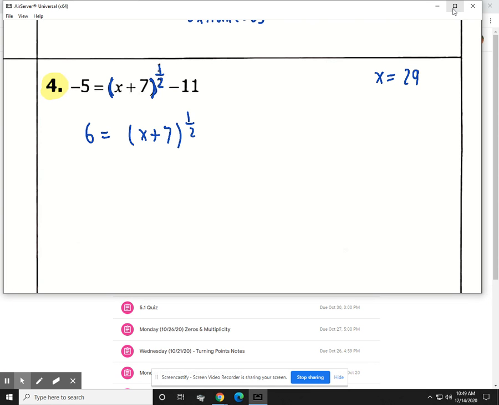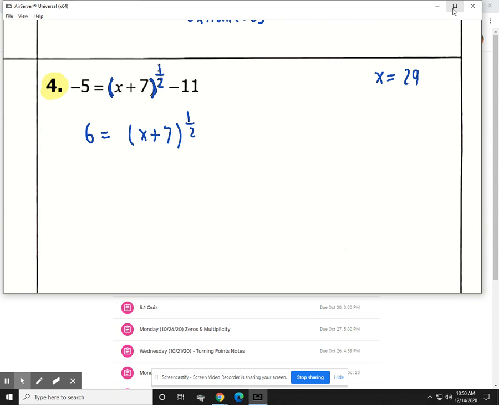Now it's isolated. We have to get rid of that rational exponent, just like we had to get rid of that radical. So here's how rational exponents work. How do I get rid of them? I raise it to the reciprocal power. What does reciprocal mean? It's opposite, so instead of 1/2, it's 2 over 1, or 2.